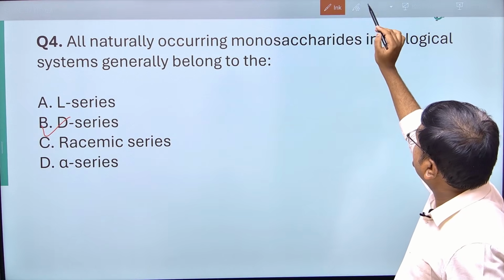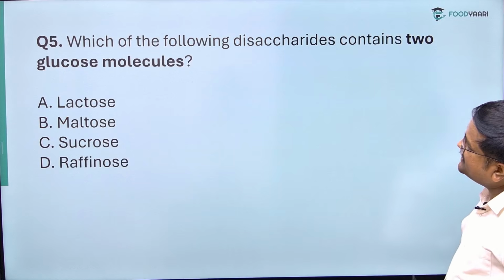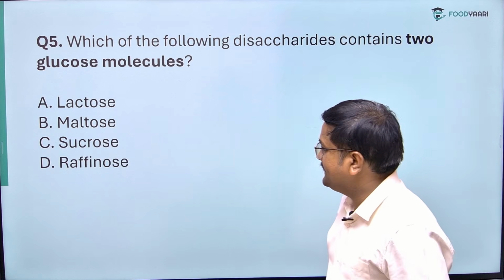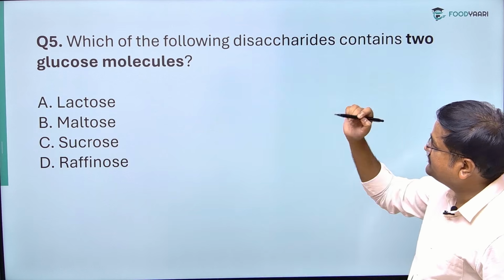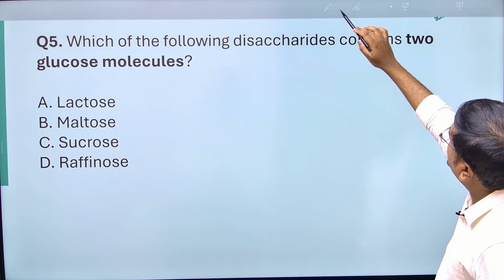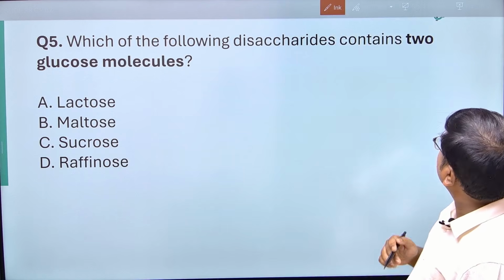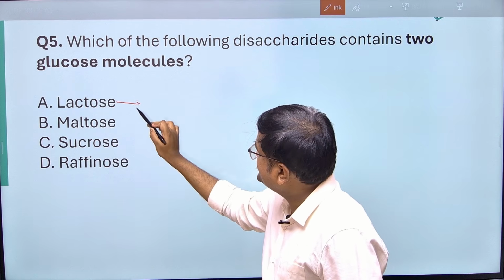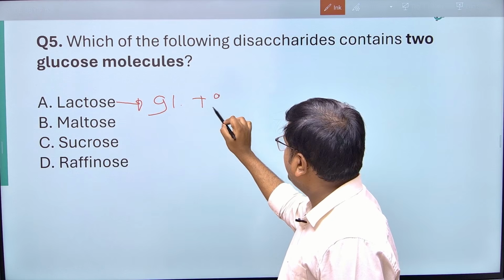The next question: which of the following disaccharides contains 2 glucose molecules? The options are lactose, maltose, sucrose, and raffinose. Lactose is composed of 2 sugar units, glucose plus galactose.